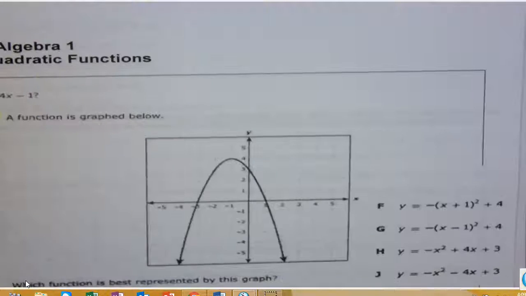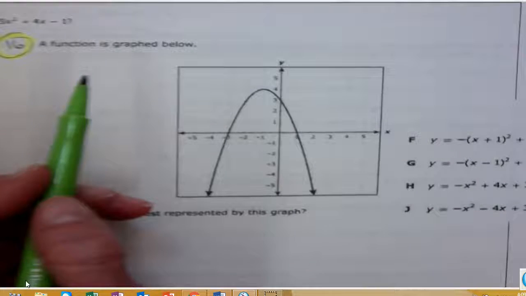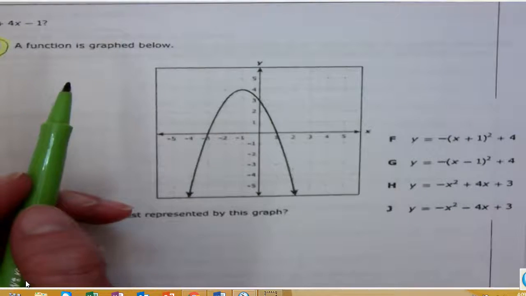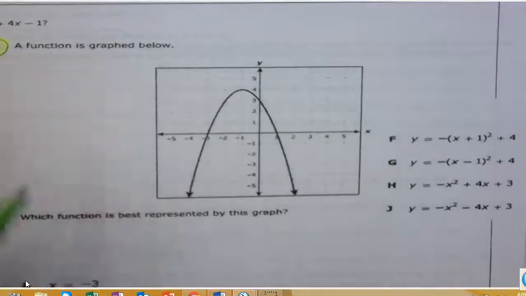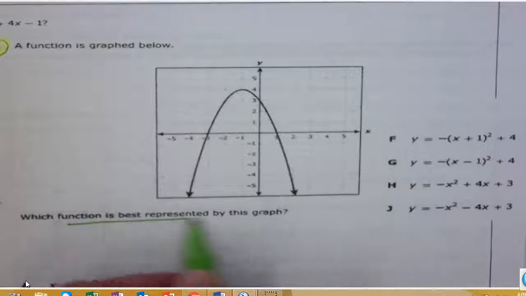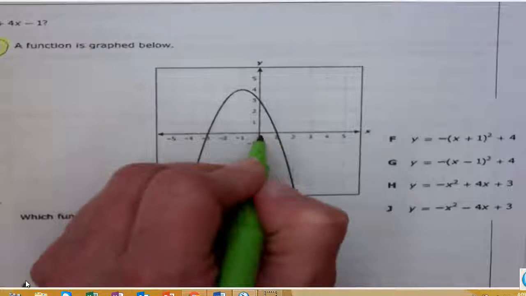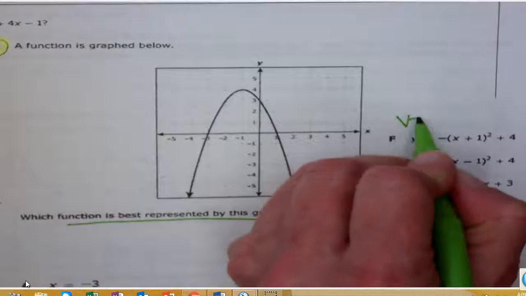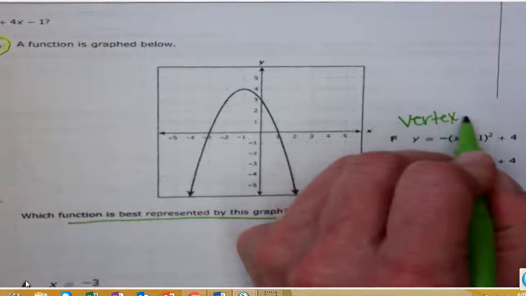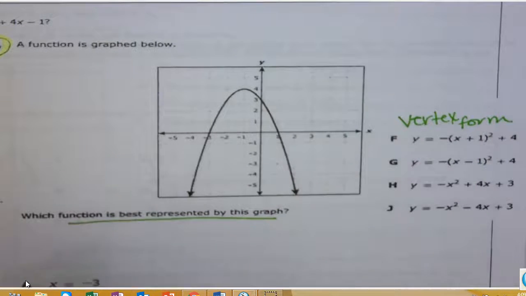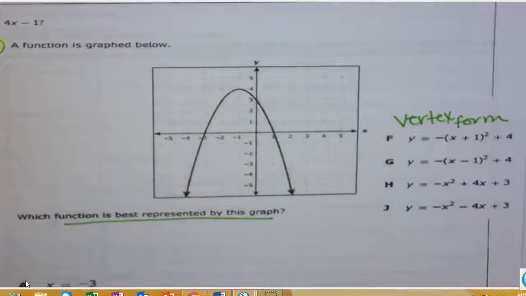Okay. The function of this graph is below. All right. So, what function is best represented by this graph? Well, we know, and this is our vertex form. Okay?